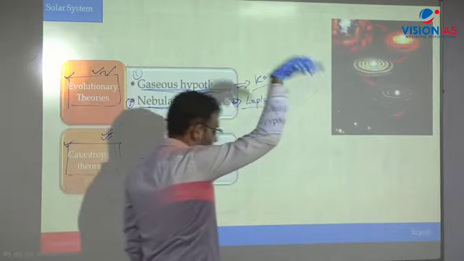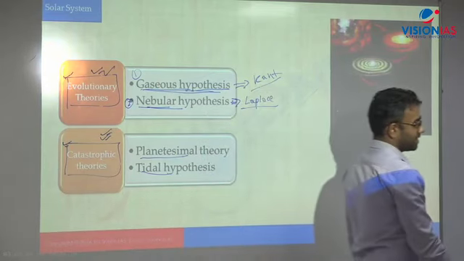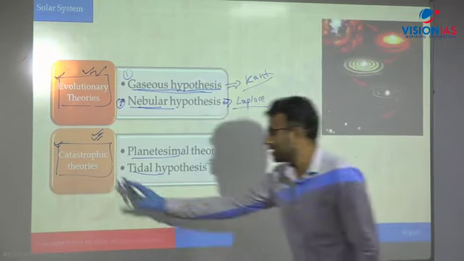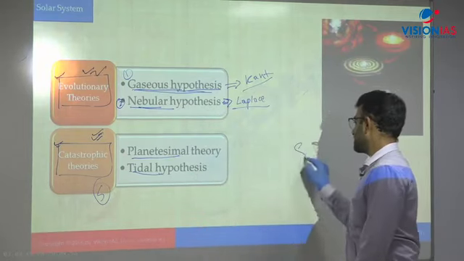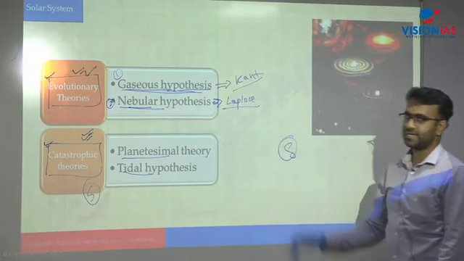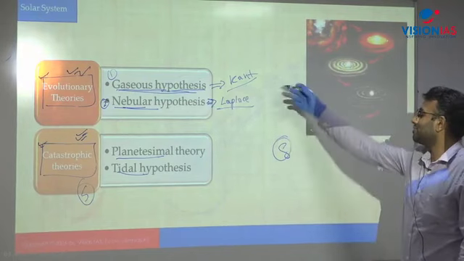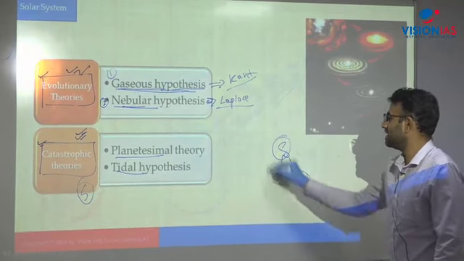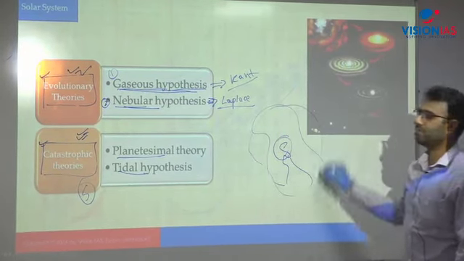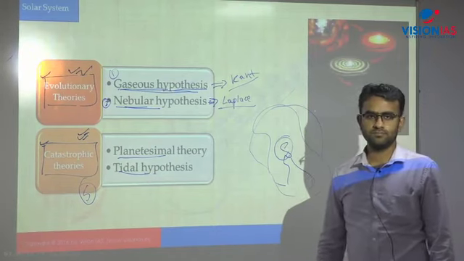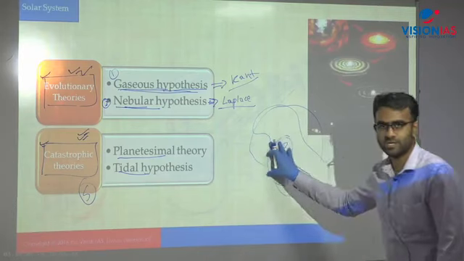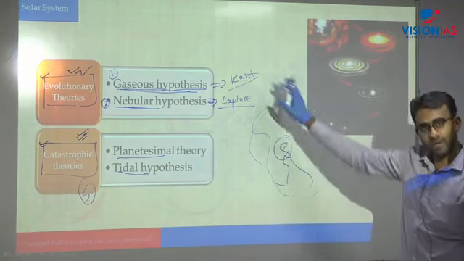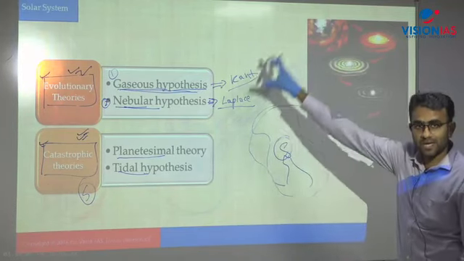So what makes the evolutionary theory different from catastrophic theory? Catastrophic theory says that the sun was already existing. There was one sun and there were no planets at all, and because of some catastrophic events, some of the material came out from the sun and that formed the planets. Here also it says the material is coming from the sun only, but the sun was existing before.